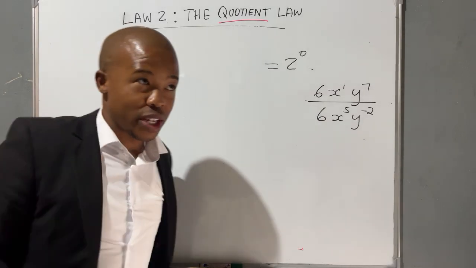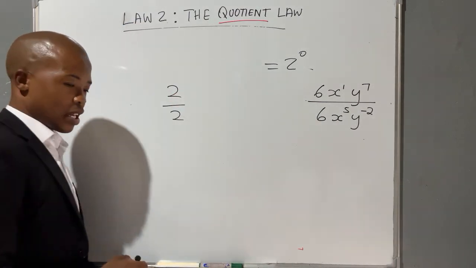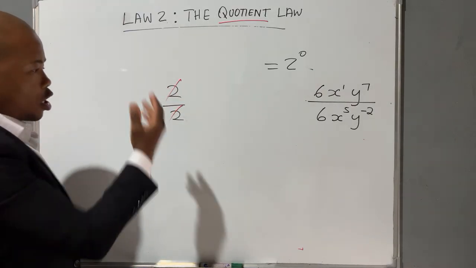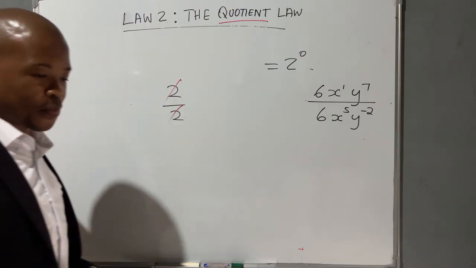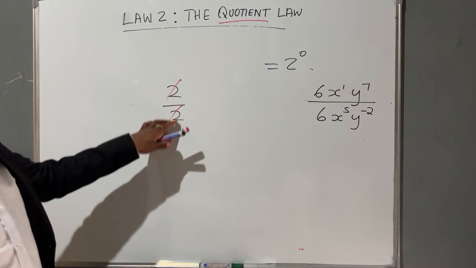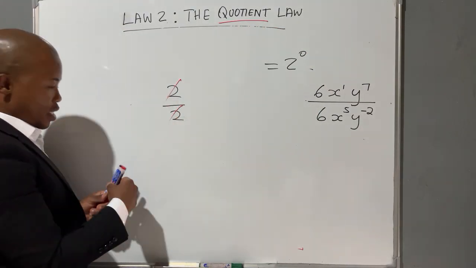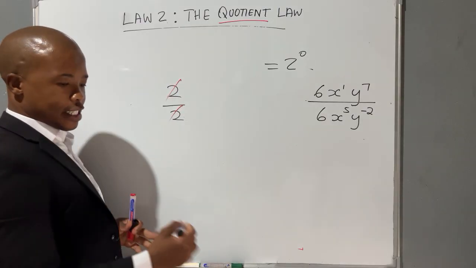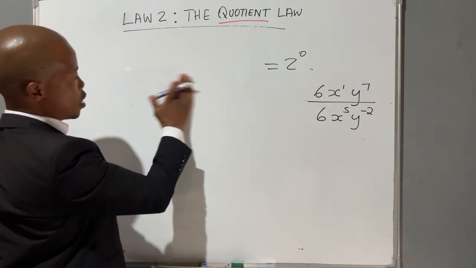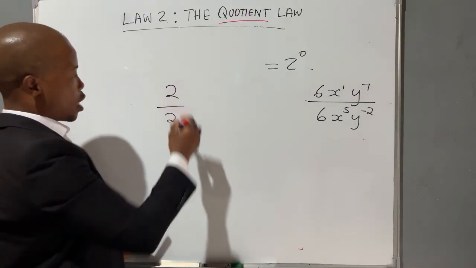You know that usually you would see someone, for example, writing 2 over 2, and you just see them canceling this. They say that they canceled each other. The whole cancelling actually comes from this law number 2. If we look at it, it is 2 over 2. What's the exponent? The exponent is 1.